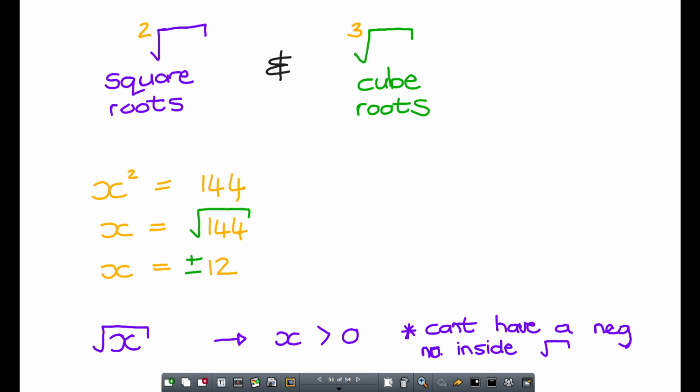Can't have a negative number inside square root. No, we can laugh now. I was confused.